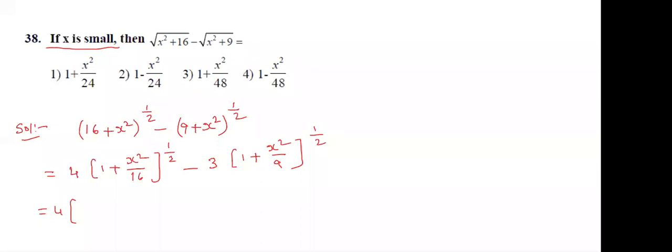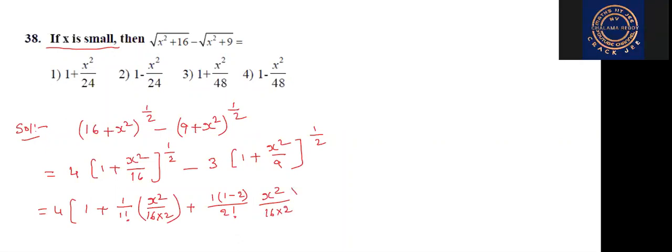What is the formula? 1 plus, here p means 1, q means 2, x means x square by 16. p by 1 factorial into x by q, that means x square by 16 into 2, plus p into p minus 1 by 2 factorial into x square by 16 into 2.